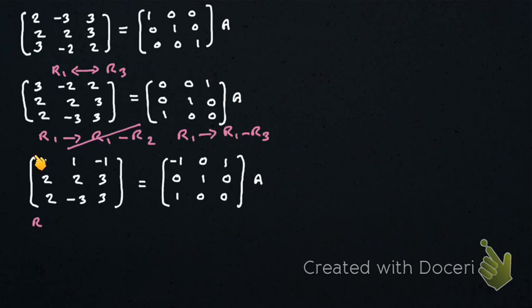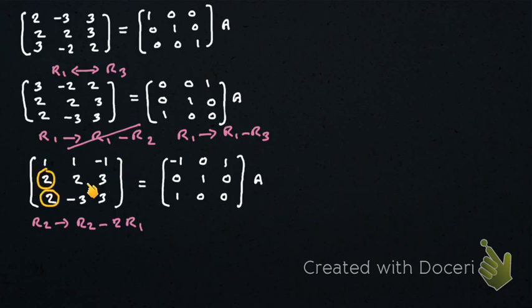So now that I have A11 as 1, the next step is to make the remaining elements below that element into zeros, which means I want 0 here and I want a 0 here. For that I make use of my R1.